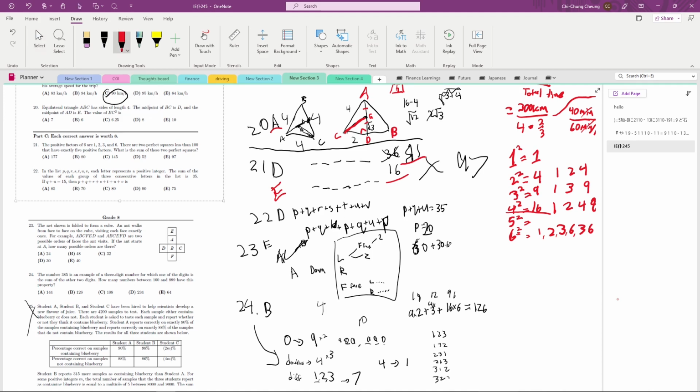Since each three consecutive letters has the same sum, if you have PQR, that's 35. But then QRS is also 35. What happened between the change? You removed P and added S, and somehow the sum does not change. This means that P has to be equal to S.